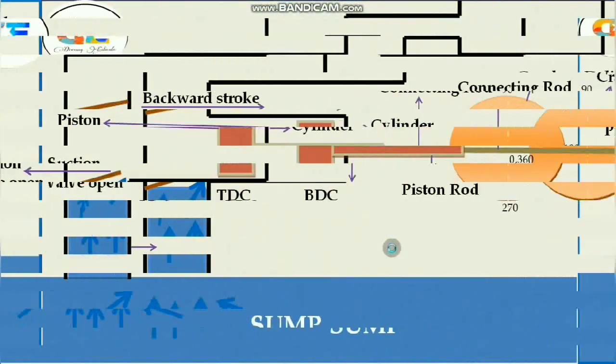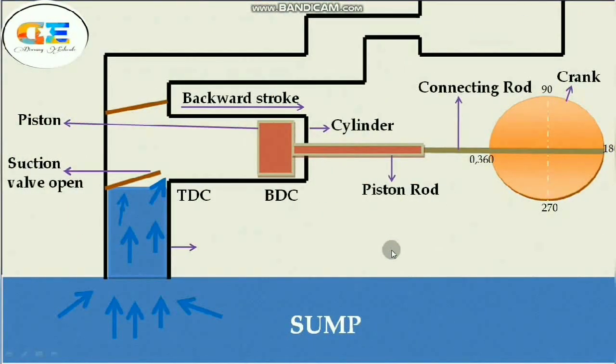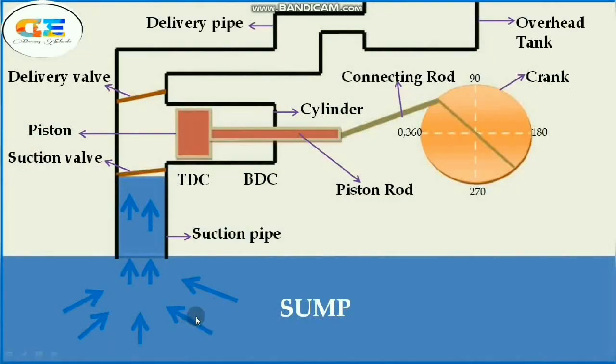Okay, then come to the working of the single acting reciprocating pump. The suction pipe is inserted into the groundwater level, and this crank is continuously rotated. At the starting of the working of the single acting reciprocating pump, the piston is at TDC, top dead center, and both the suction and delivery valves are closed.